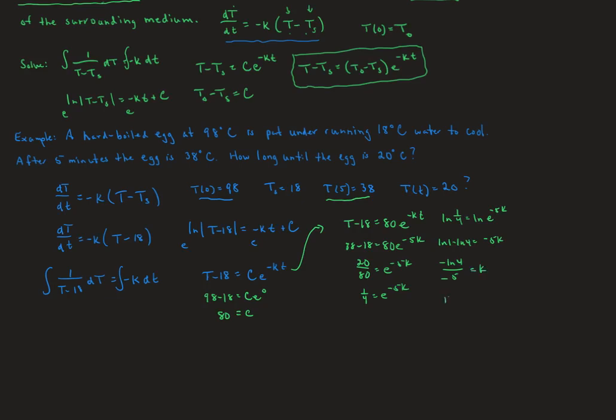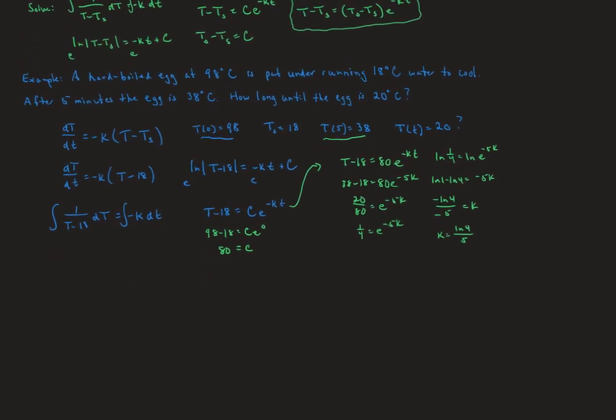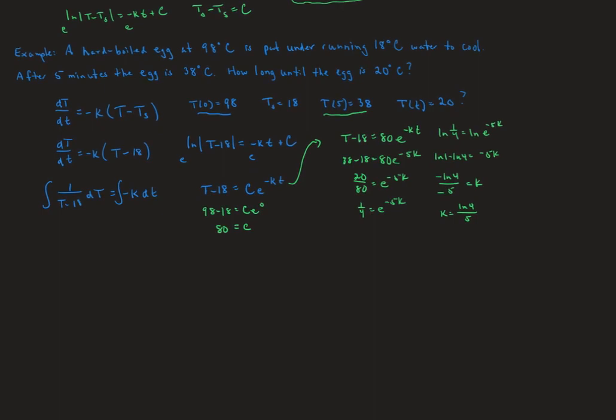And we can either punch that into our calculator and get a decimal, or just leave it like that, either way. I'm going to slide the screen up a little bit here, so I have a little bit more room to work with. So we want to know, when is the temperature going to be 20? That was our ultimate goal.